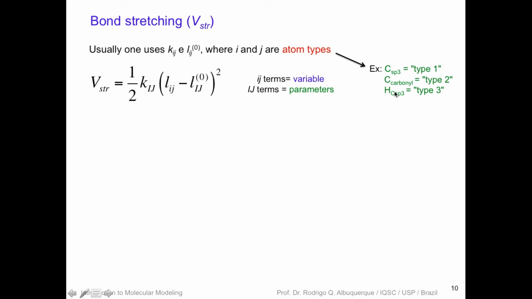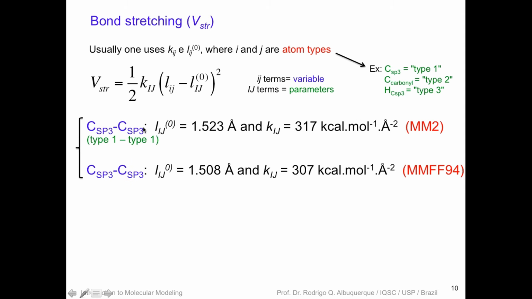If you have a hydrogen bound to an sp3 carbon, you would have a type 3 atom. So you may define many kinds of atoms here. And for each two kinds of atoms, for instance, sp3 carbon and sp3 carbon, you would have a 1-1 stretching, or sp3 carbon and hydrogen, you would have a 1-3 stretching.